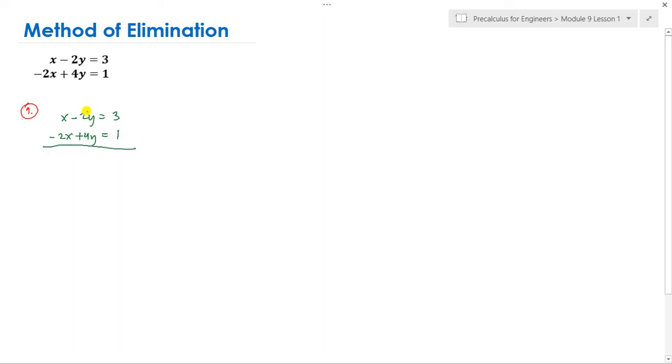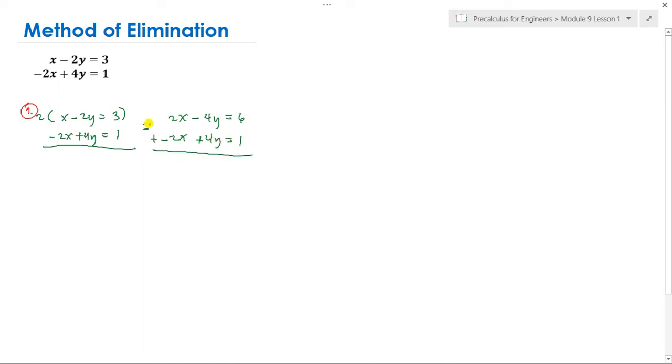If I multiply the first equation by 2, we have 2x minus 4y is equal to 6. Then we have negative 2x plus 4y is equal to 1.